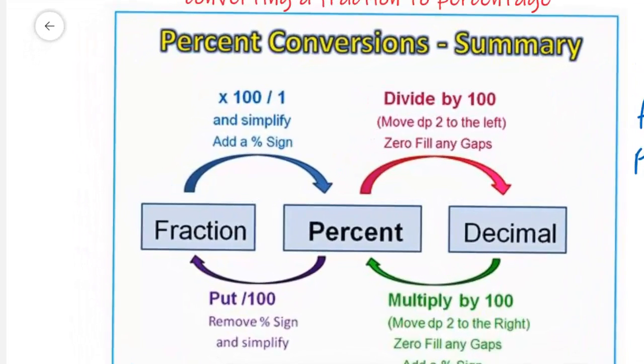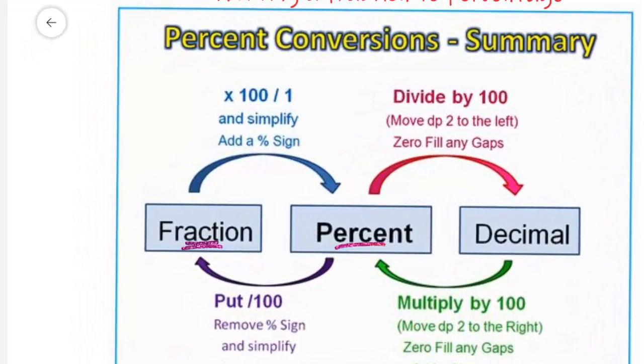If I have a fraction and I want it in the form of a percent, simply I'm going to multiply this fraction by 100. So for example, if I have 1/4, this is a fraction. I want it in the form of a percentage. I'm going to multiply by 100. The answer is going to be 25, and I'm going to add to it the percent.